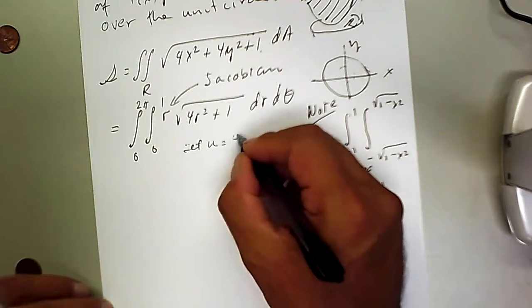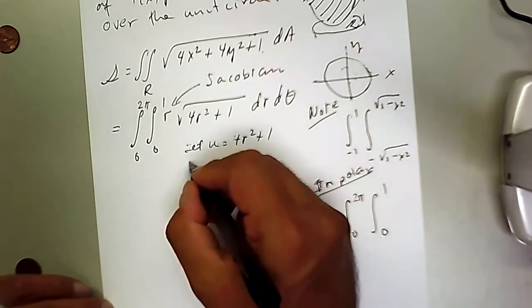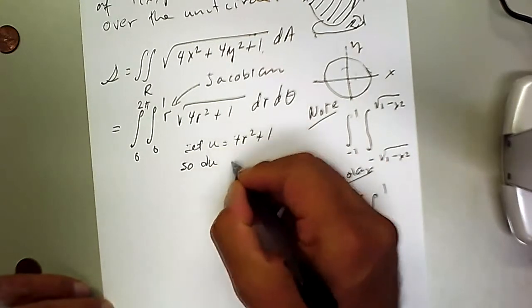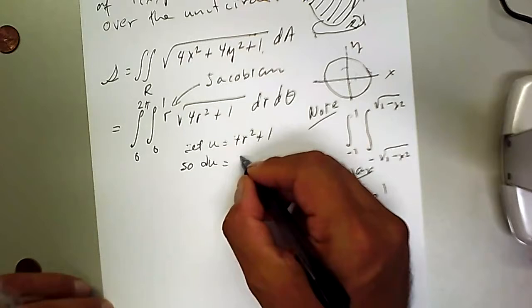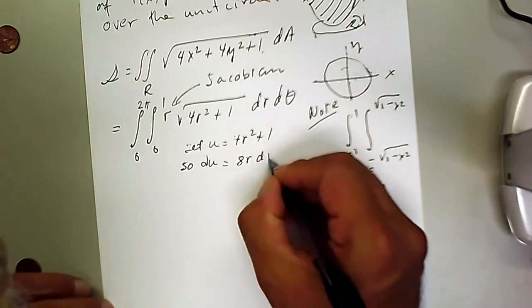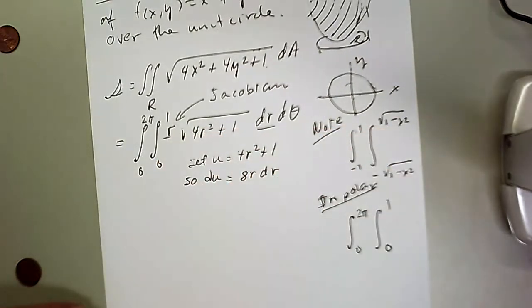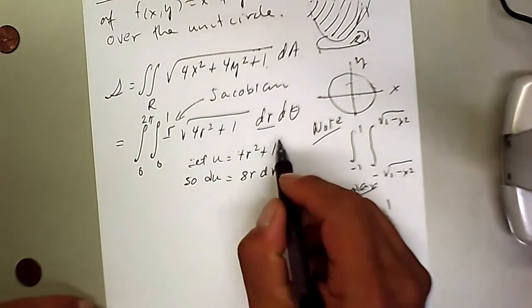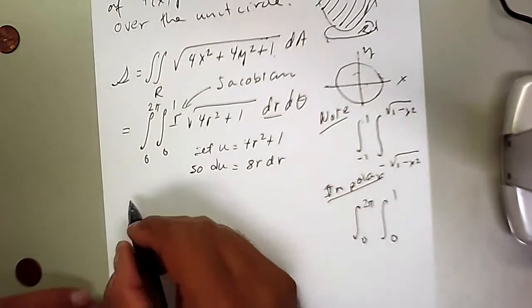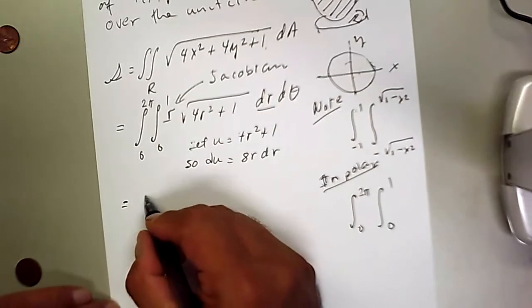Oh, 4r squared plus 1. So du is 8r dr. So we have the r and the dr, which are the difficult things to come by. And we need an 8. So we divide by 8.